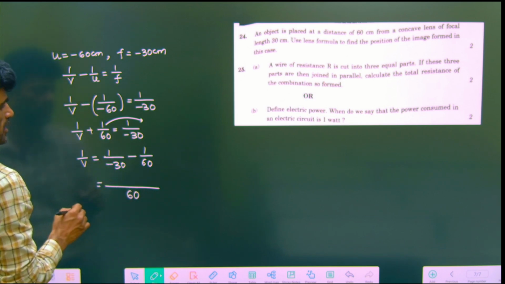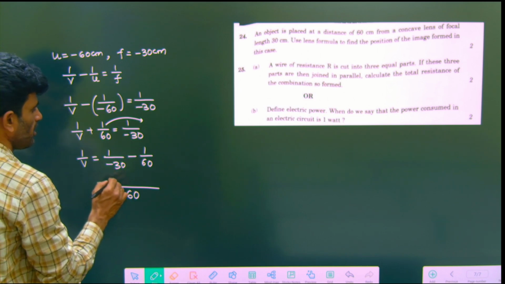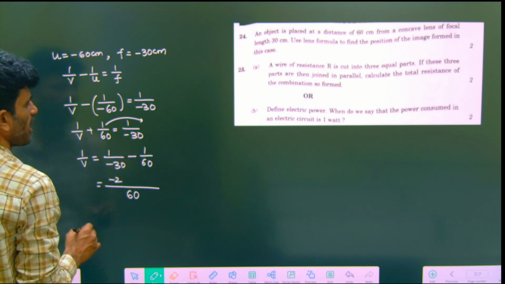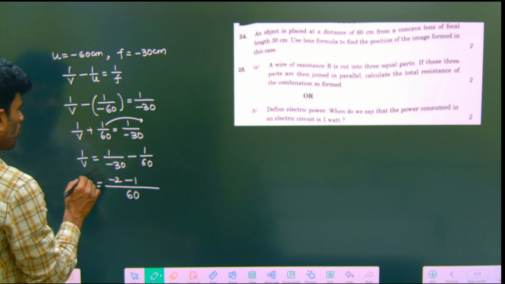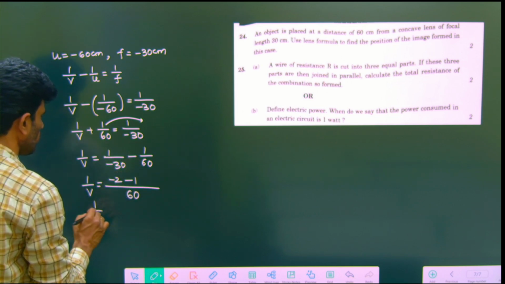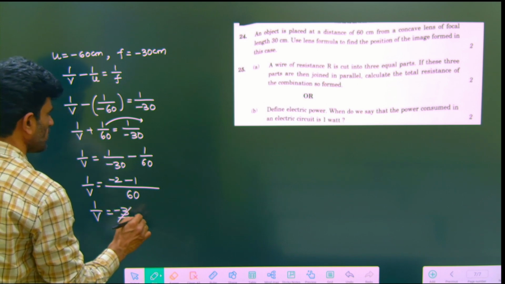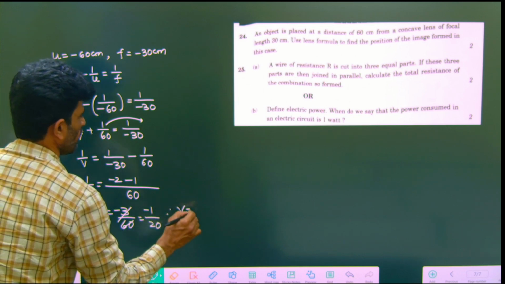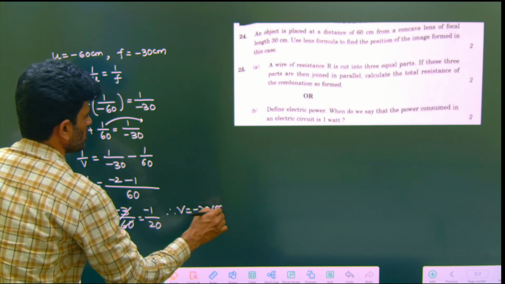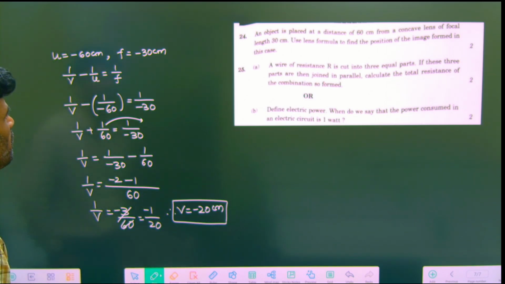Because we have minus 30 here, 2 times it will be multiplied, minus 2. Again we have minus 60 here, 1 time we multiply, that is minus 1. So overall 1 by V is equal to minus 3 by 60. After cancellation, minus 1 by 20. Therefore V is equal to minus 20 centimeters. So image distance is minus 20 centimeters.